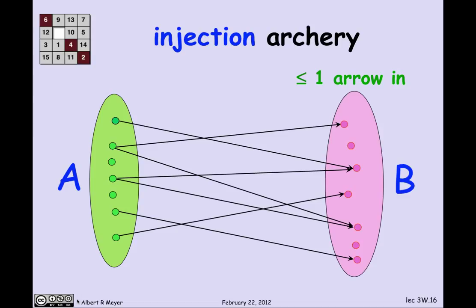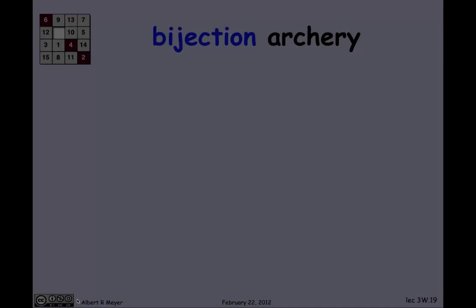That's what keeps it from being an injection. So let's fix that by deleting a couple of those edges that are crowding up points. And now I'm left with a situation where, in fact, everything in B has at most one arrow coming in. And so I'm showing you a picture of an injection.